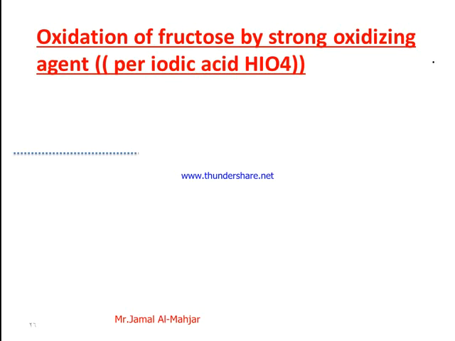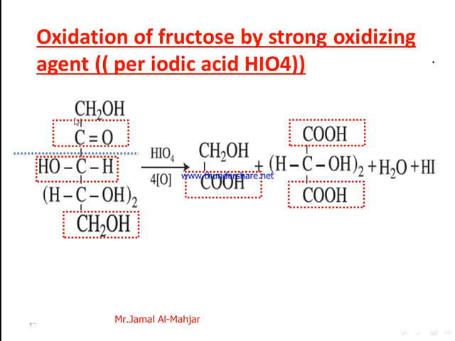What about the oxidation of fructose by a strong oxidizing agent? Why do we need a strong oxidizing agent for fructose, but in glucose we need a soft oxidizing agent? Because in fructose we have C double bond O between 2 carbon atoms. So we need periodic acid as a strong oxidizing agent.